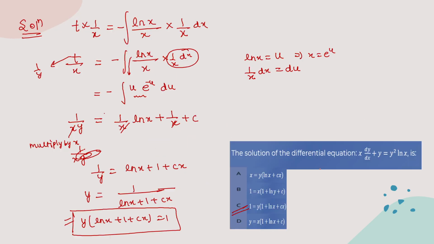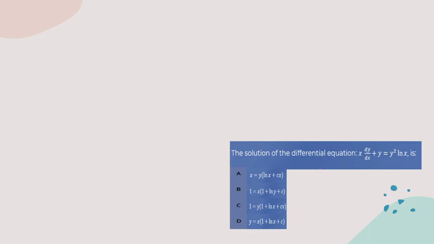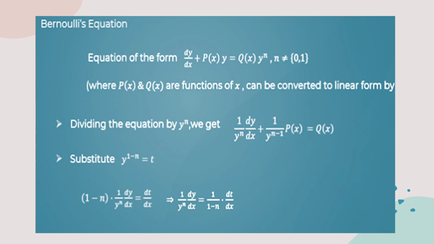Okay, so let's go to the next part. This was the answer. Again, I think a wrong answer was given. C is the right answer. Next is the Bernoulli equation.